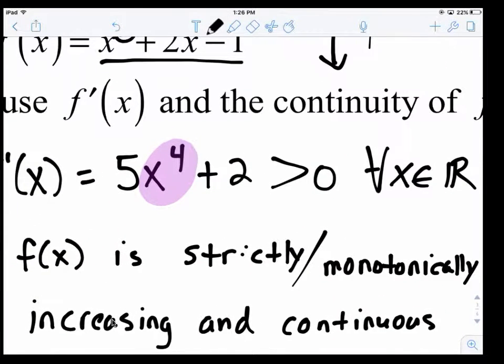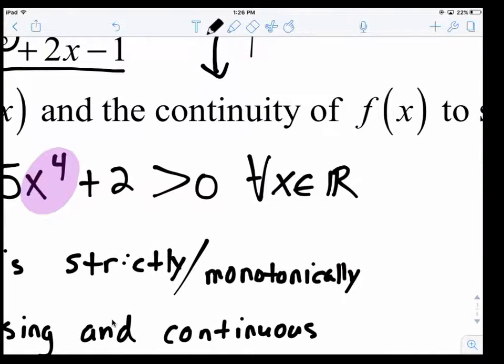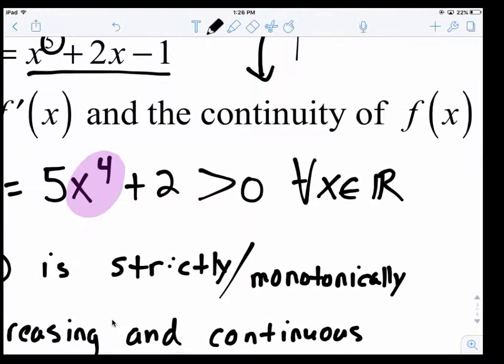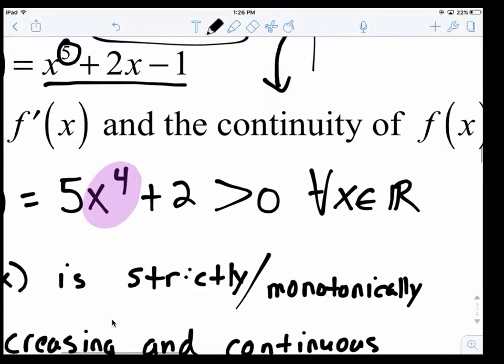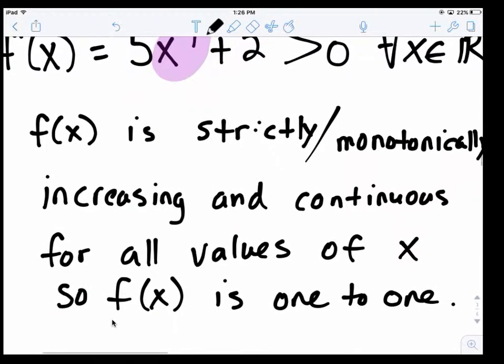Looking at the graph, we figured out that the derivative is always positive, so that means it's always going upwards. And because it's a polynomial, it's a continuous function. So there are no asymptotes or anything like that going on.